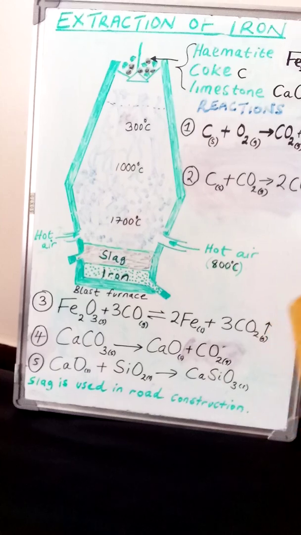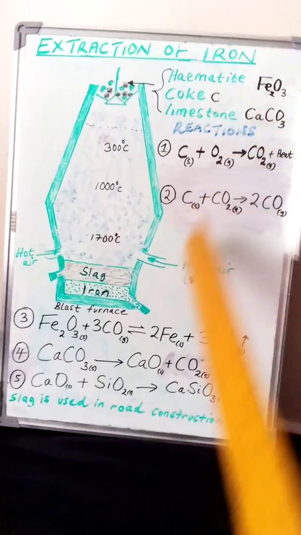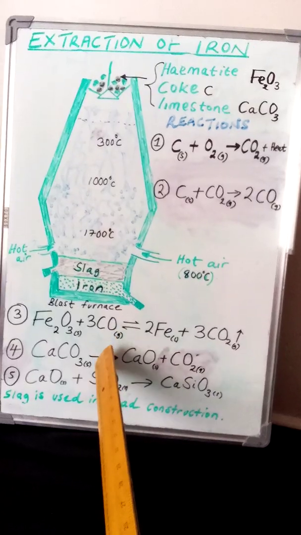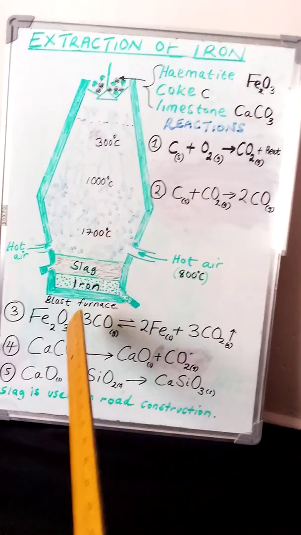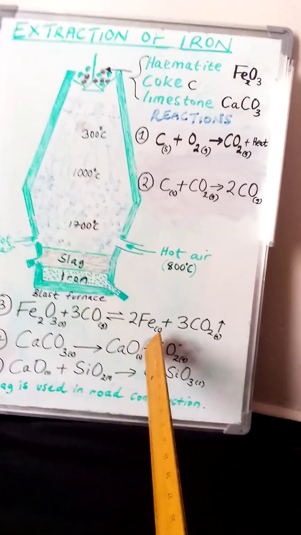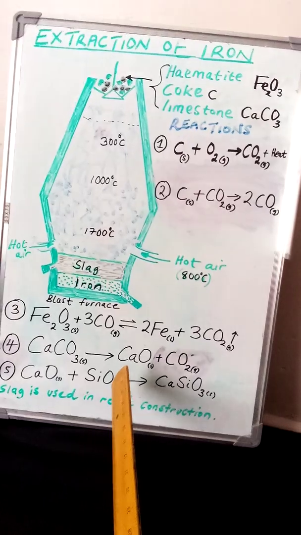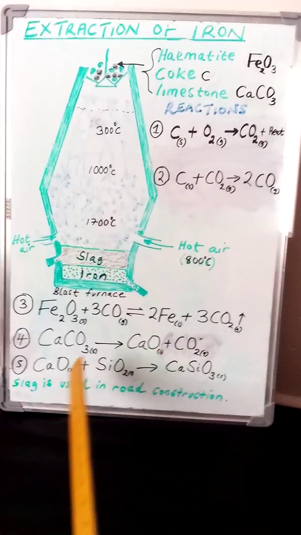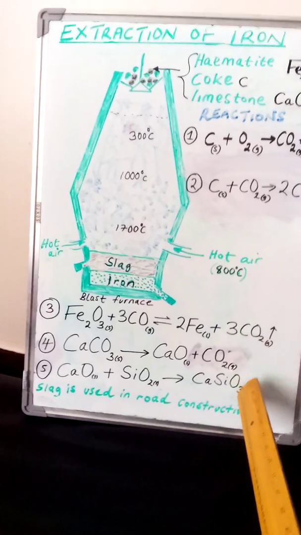And then, since we have limestone, which is the calcium carbonate, it acts as a purifier and ensures that it produces calcium oxide, which reacts with silicon dioxide, which is sand, and produces slag. So you need to know that these equations are the main things that you really need to know.